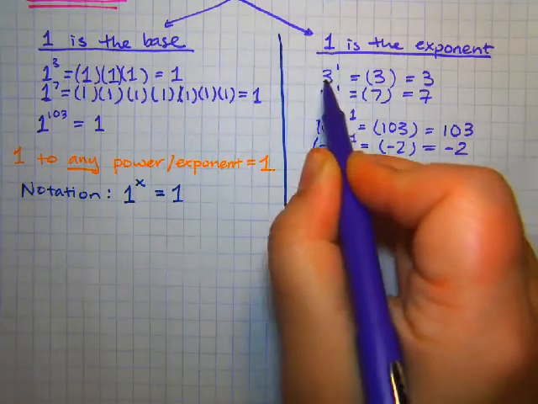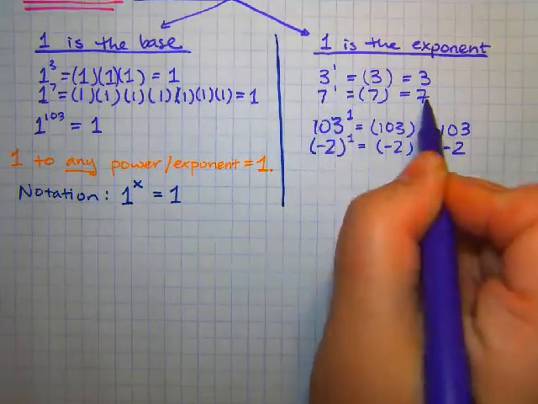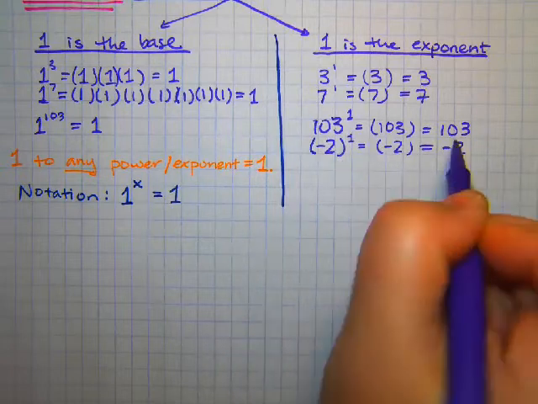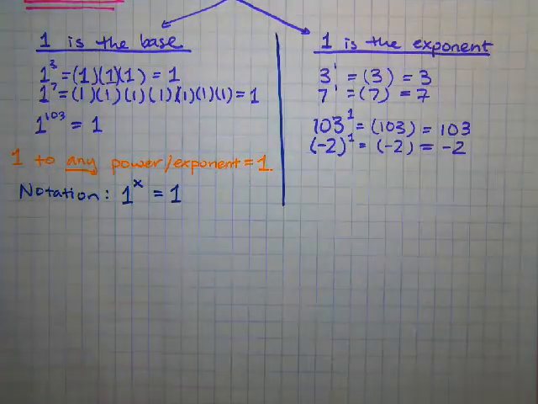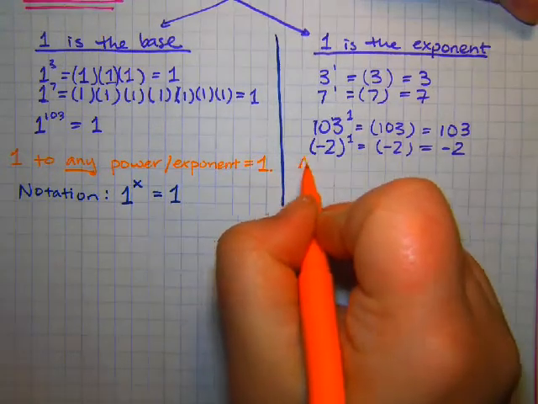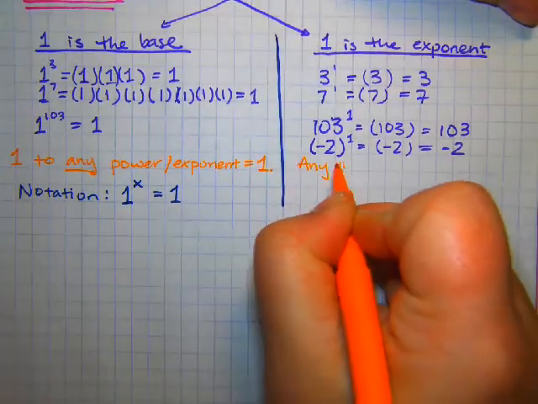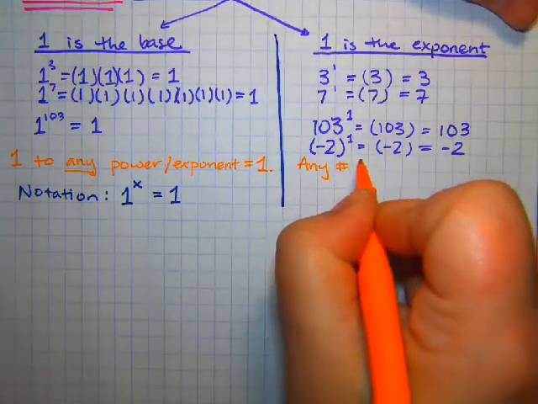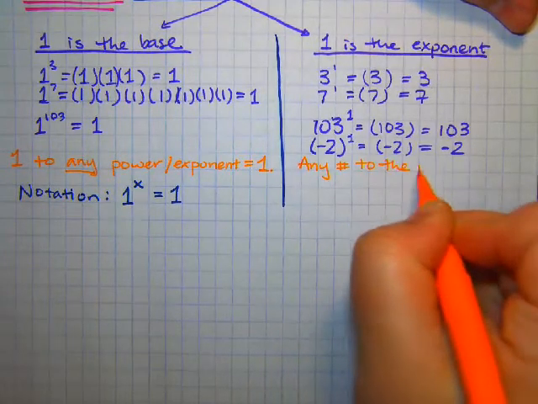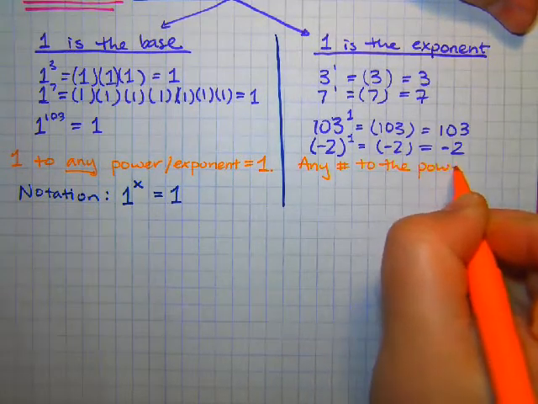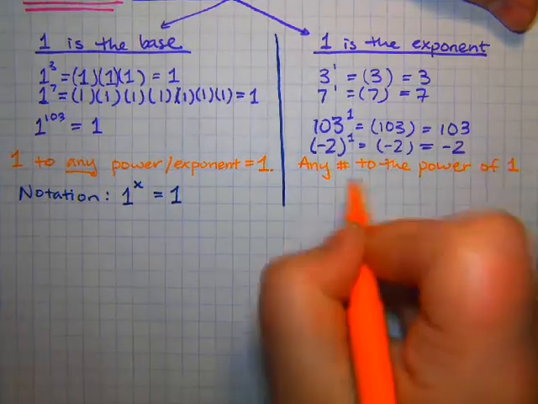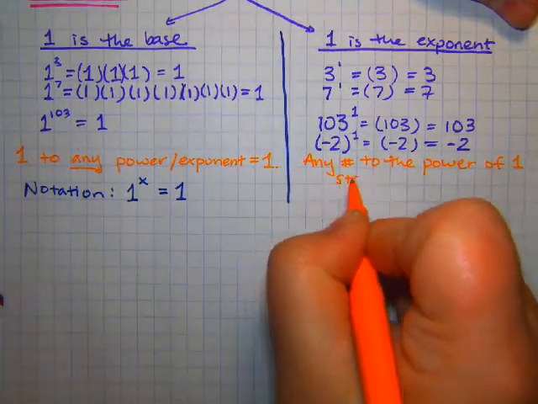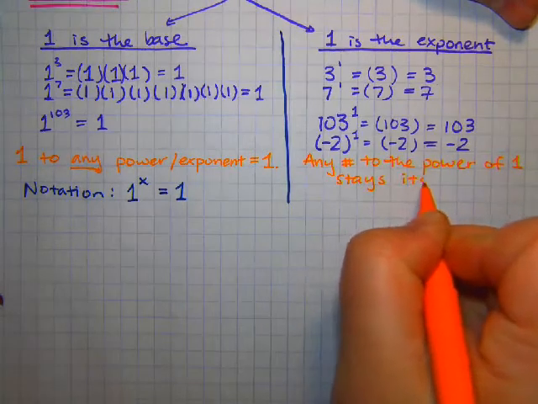So notice every time the number is just itself. 3 to the first power is just 3. 7 to the first power is just 7. 103 to the first power is just 103, and so on. So the idea here is that any number to the power of 1, or exponent of 1, stays itself.